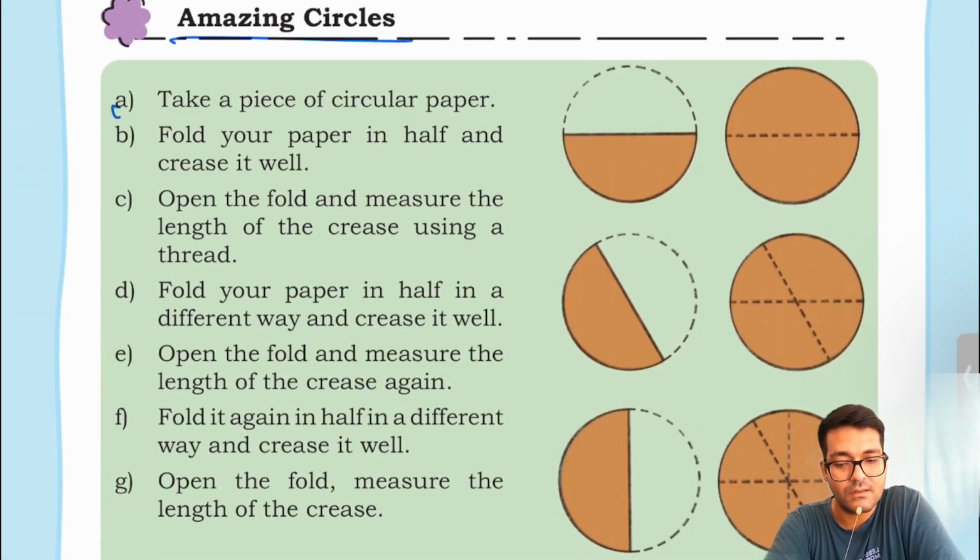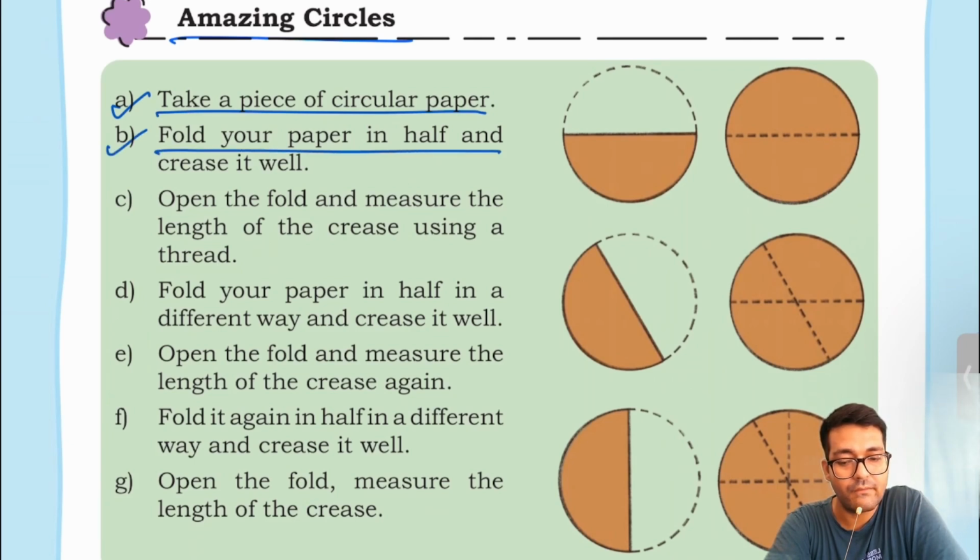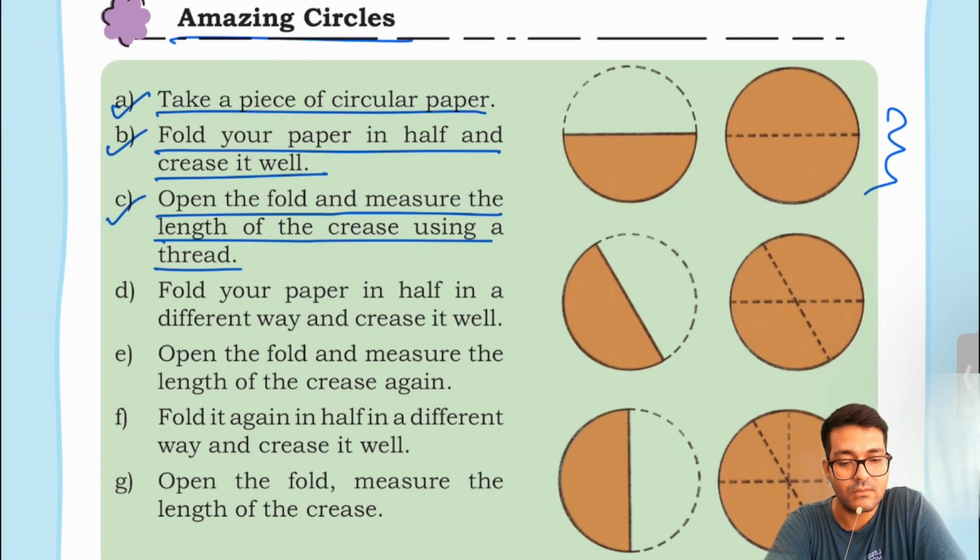Amazing circles. A. Take a piece of circular paper. B. Fold your paper in half and crease it well, like this. C. Open the fold and measure the length of the crease using a thread. D. Fold your paper in half in a different way and crease it well.